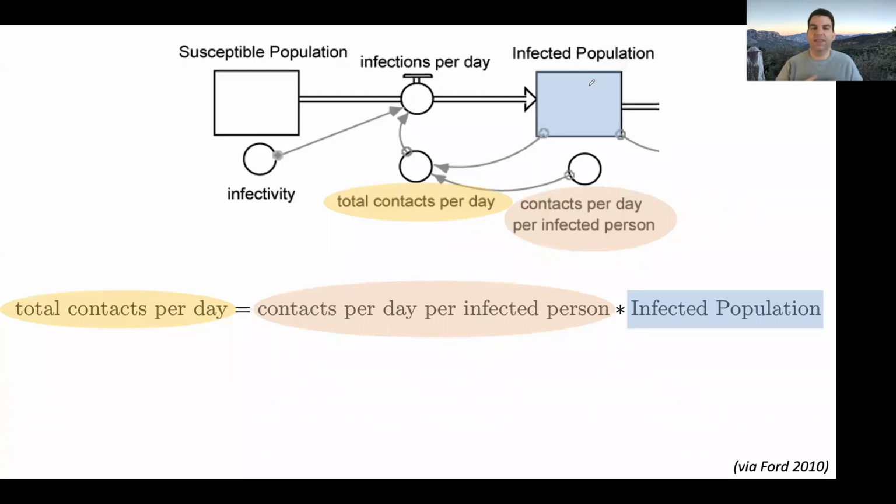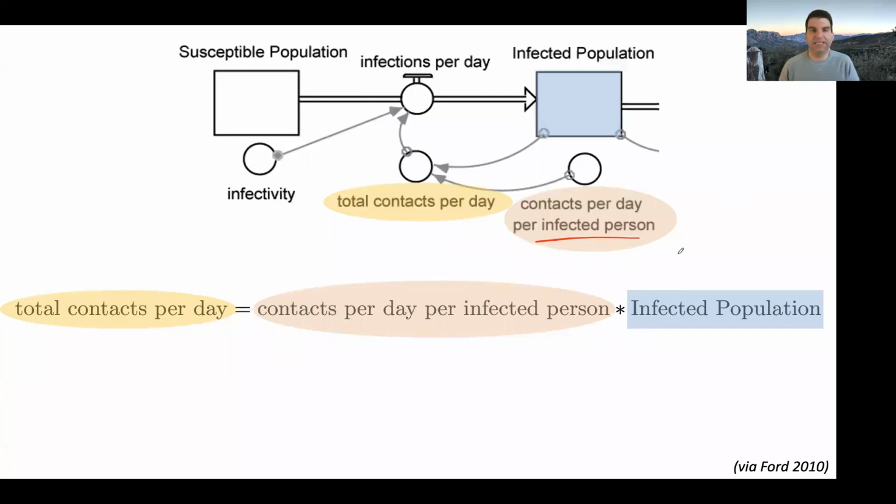And so with that in mind, what I should do is I need a parameter, contacts per day per infected person, which represents how often an infected person is going to have contact with other people in the population. And so I could go and measure that. Like I could go and do a study where I put little GPS tags on people who agree to be tagged and see how they walk around and just see roughly, over a day, how many contacts does someone make?